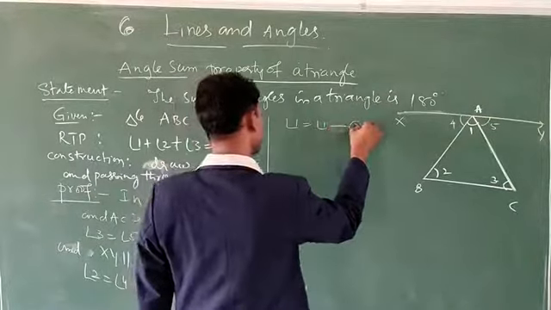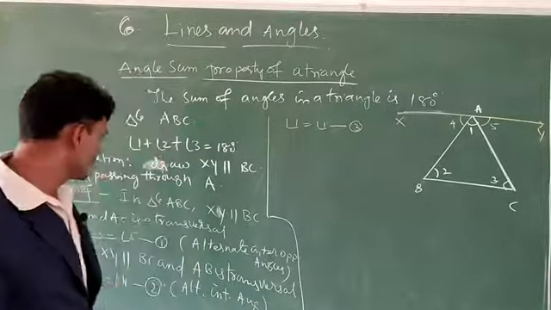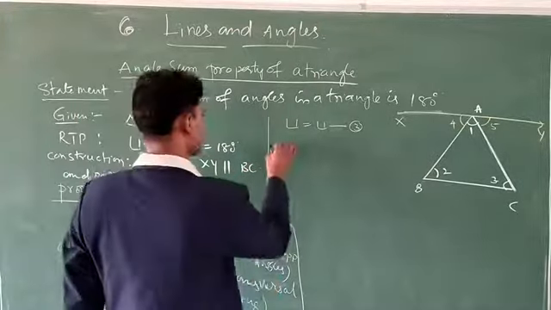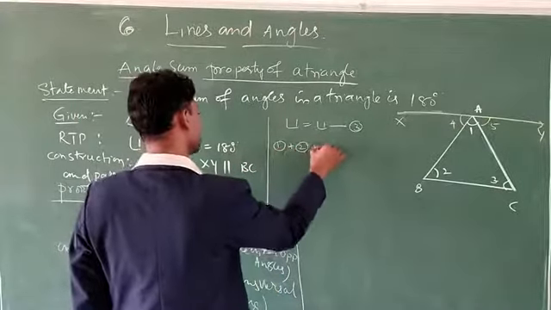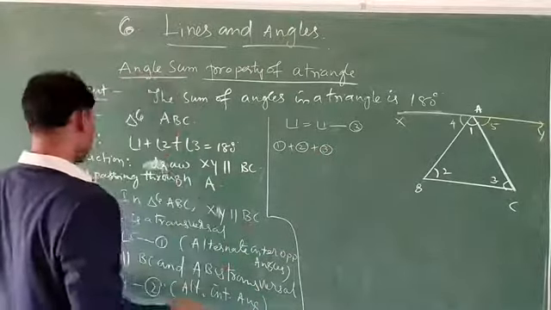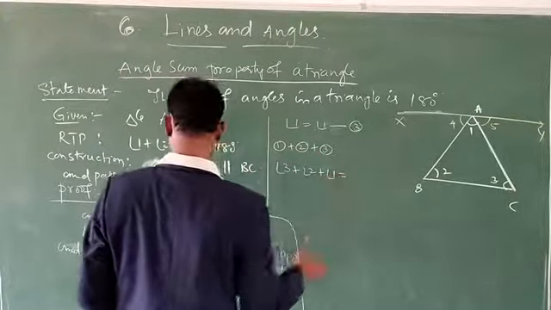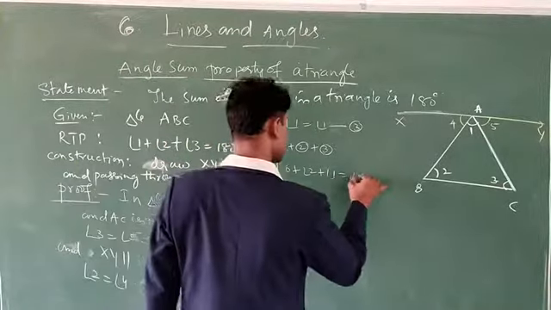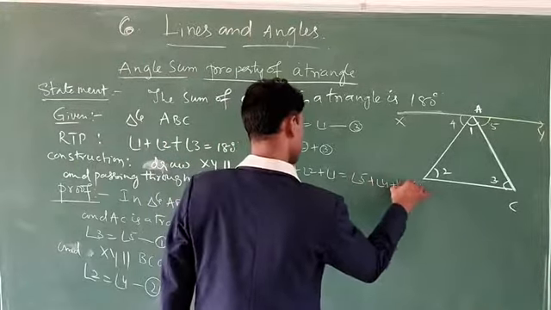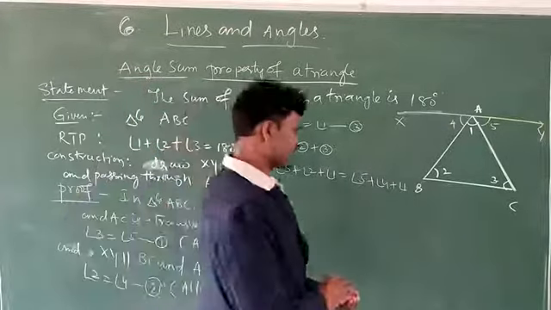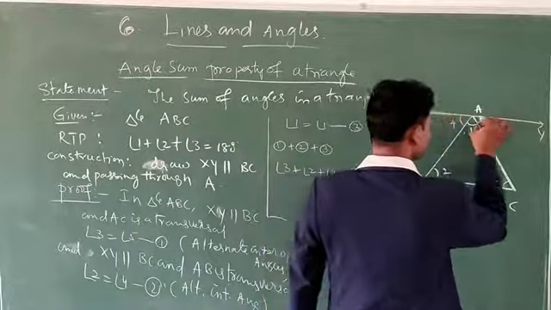Now what we will do? Here angle 1 plus 2 plus 3, these 3 equations. Left hand side angle 3 plus angle 2 plus angle 1 is equal to angle 5 plus angle 4 plus angle 1. Now you can see XY is a straight line.